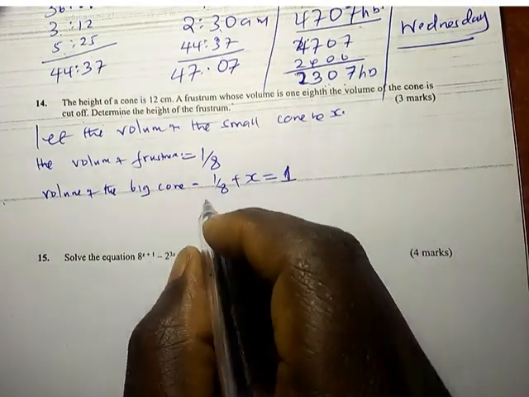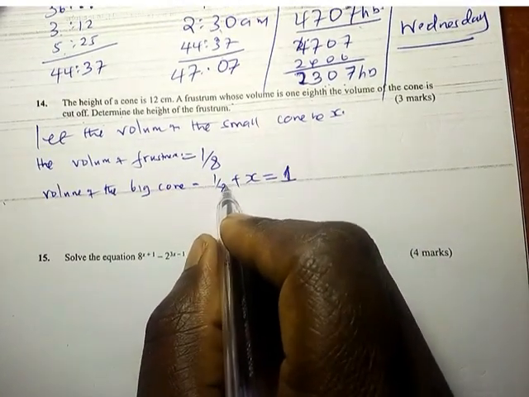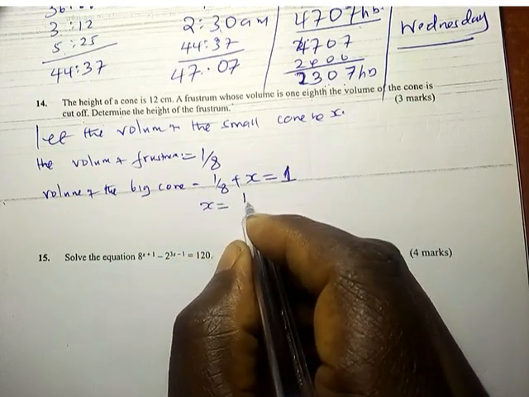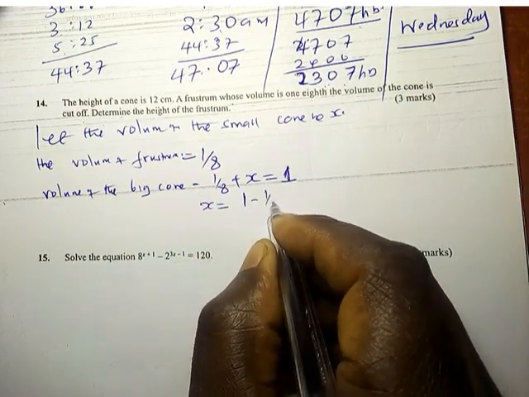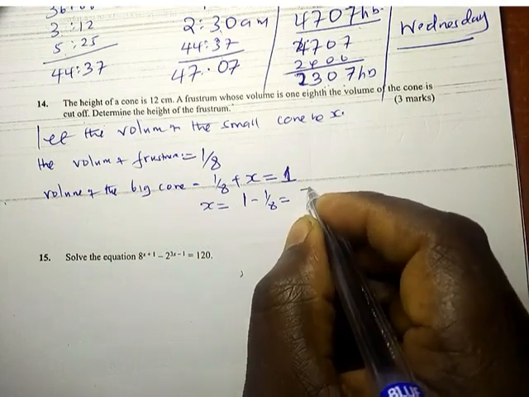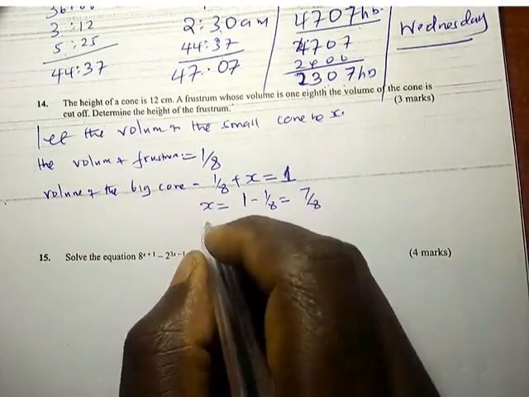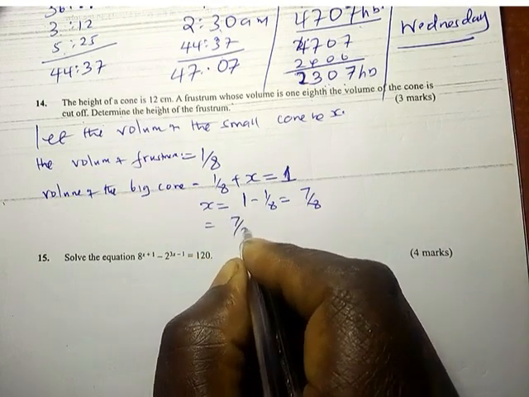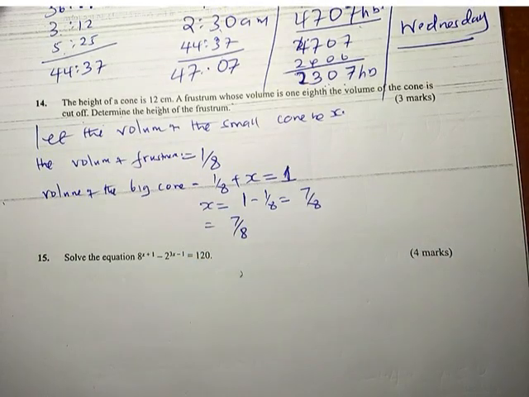Yes, so x is equal to 1 minus 1/8, and that one is 7/8. So the volume of the small cone is equal to 7/8 of the volume of the big cone.